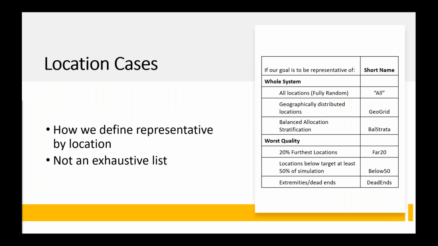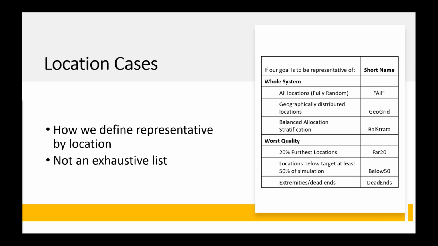The first aspect that I'll go into more detail on is the location cases. So this is how do we define representative in terms of location. I use 6 examples here. It's not an exhaustive list, but the location cases I use fall into 2 main categories, representing the whole system and then representing worst quality in the system.